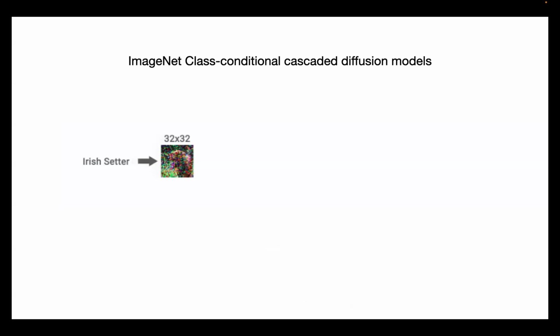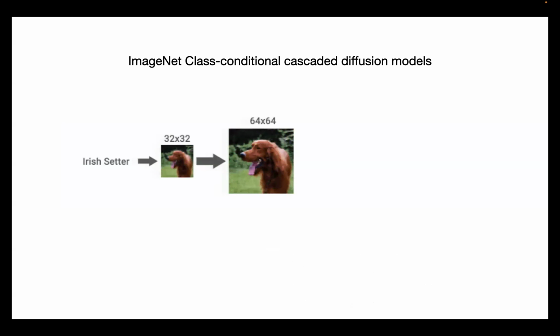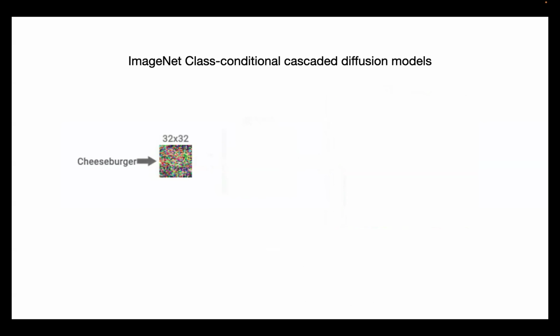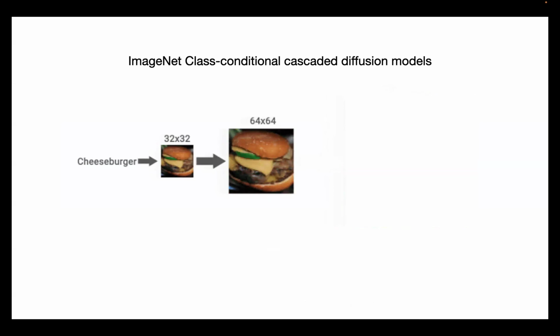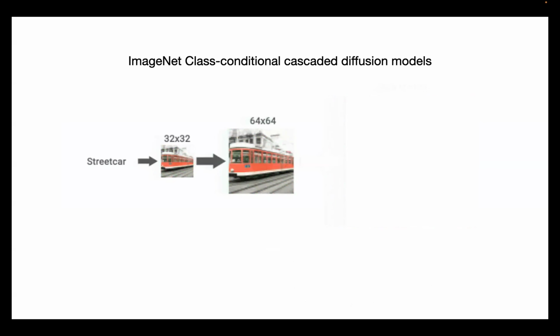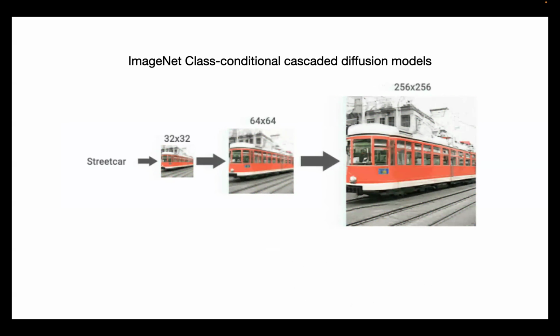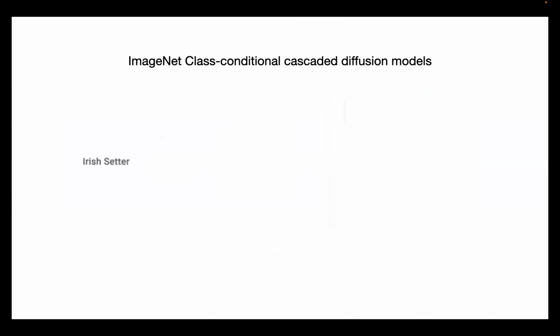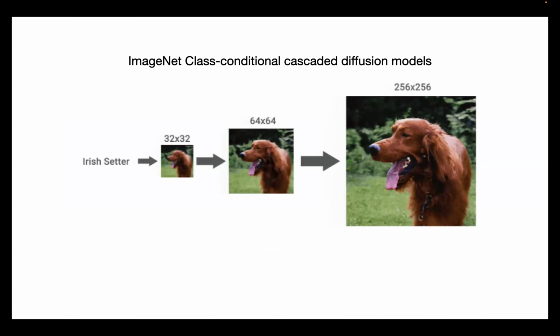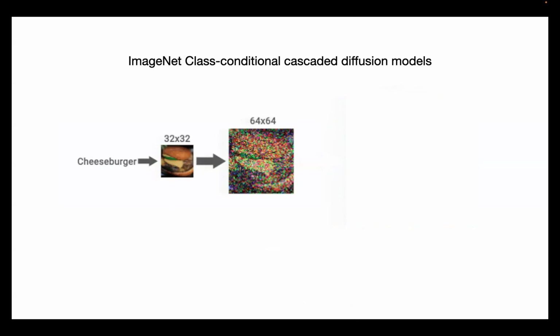And what that model did was basically combine a low resolution ImageNet based model that Jonathan Ho had been working on at Berkeley, which just generated class conditional 32 by 32 pixel images. And it combined that with our super resolution models that I mentioned earlier in the talk to give us samples from ImageNet at 256 by 256 resolution.